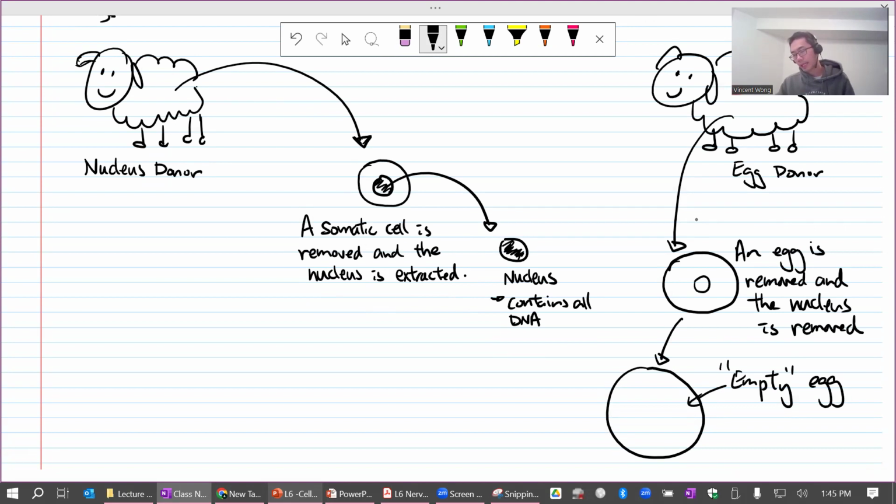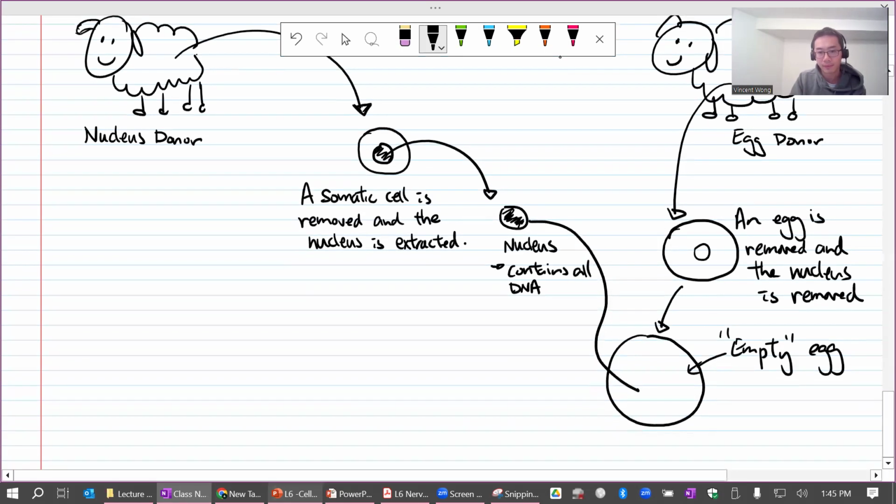An egg normally contains half the genetic material, right? Because the sperm would have the other half, and when they come together, you get the full set. But in this case, you remove the nucleus, so you just have the egg, just the cytoplasm and everything in it. Then what happens is they put the nucleus from the donor into the egg. You can do this under the microscope.